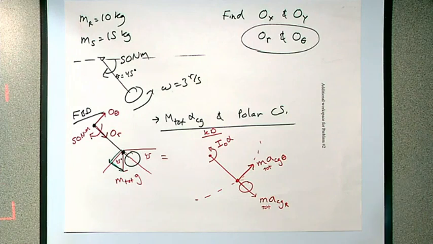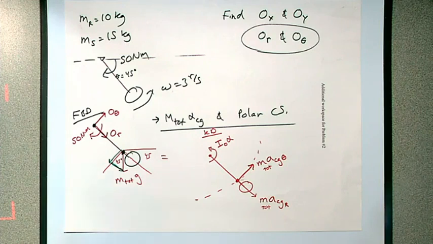So we got O_r plus the mass g sine 45 is equal to the total mass times minus omega squared x cg. Hey, we're given omega squared in the problem.